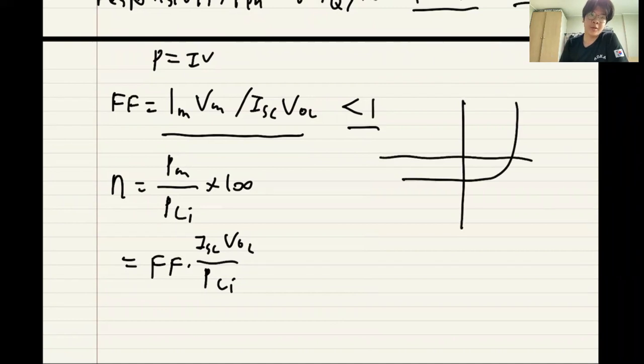It will have a DC point, which means the operation point would be here. Then the maximum power efficiency cannot go over here. So the fill factor cannot be bigger than 1.